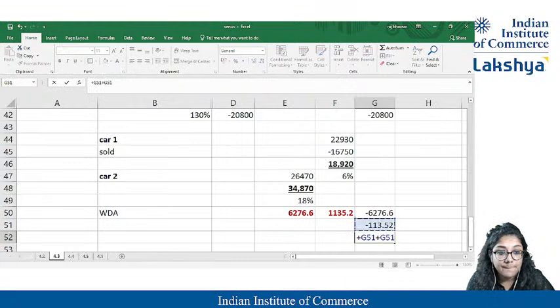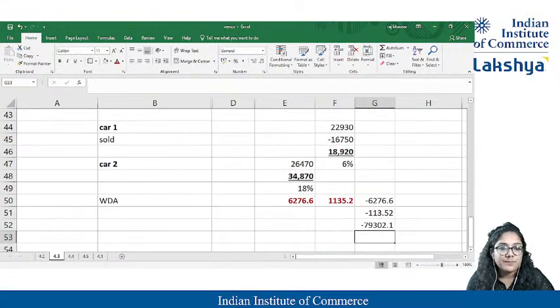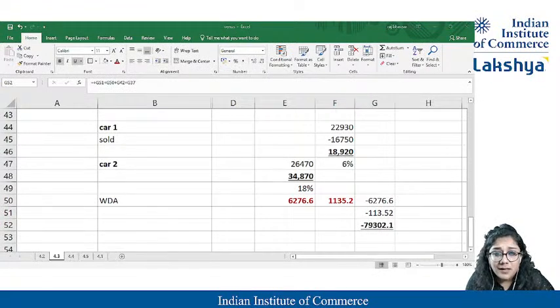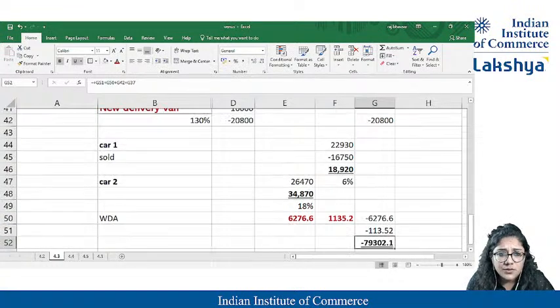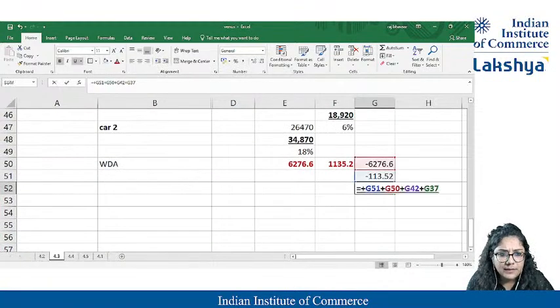If I take this total plus this plus the upside one, am I getting 79,302? Is it something which I made the mistake for? Not really. Am I not getting 74,880?